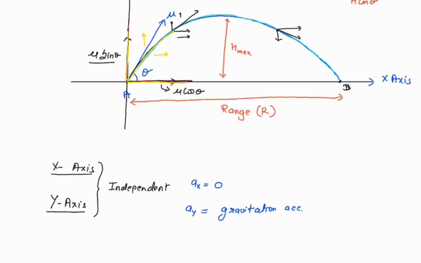Remember this point. We have only one acceleration in a projectile motion, which is a of y. It means we have acceleration only in the y-axis, because of gravitational acceleration, and we do not have any acceleration along the x-axis.